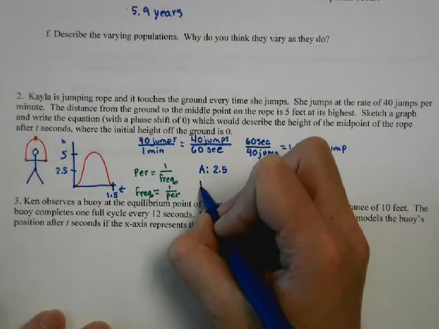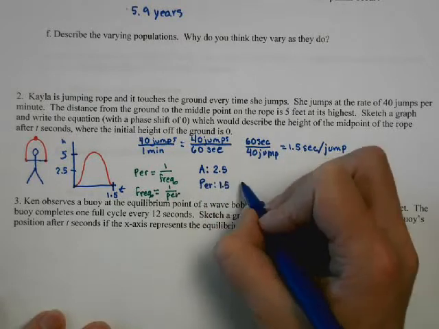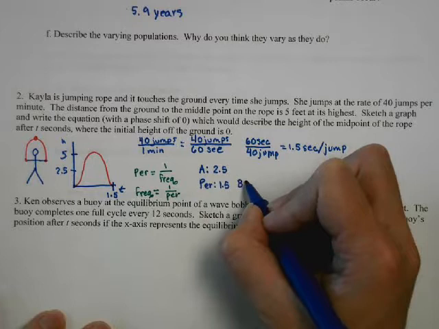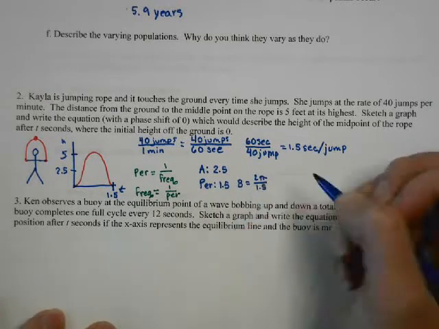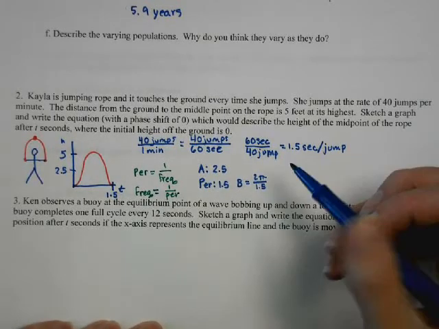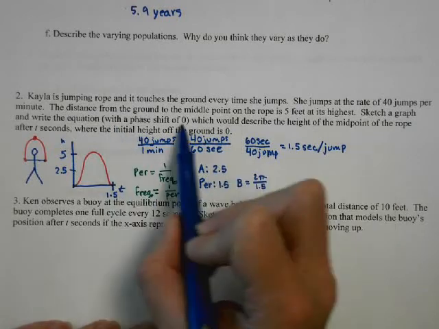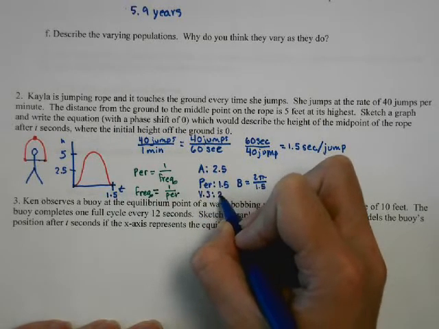The period is 1.5, which means my B is going to be 2 pi divided by 1.5, and I'm just going to leave it like that. There is no phase shift, but there is going to be a vertical shift of 2.5.